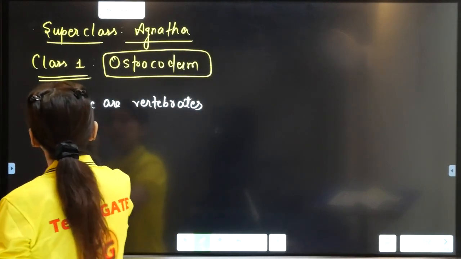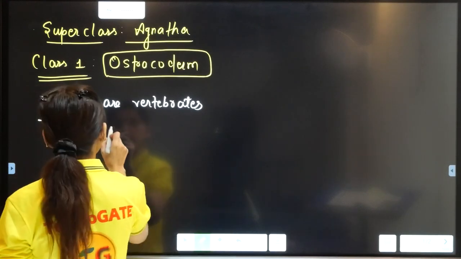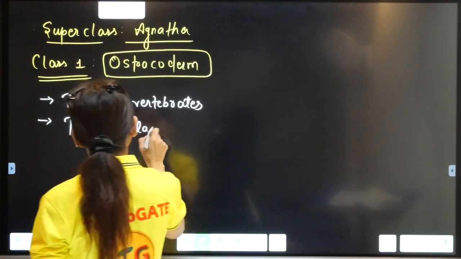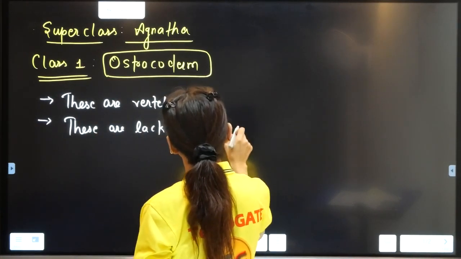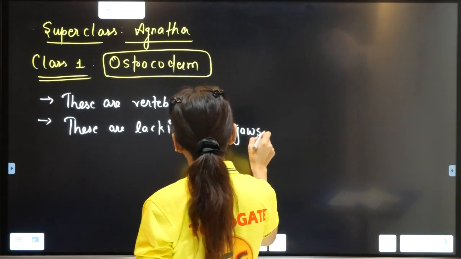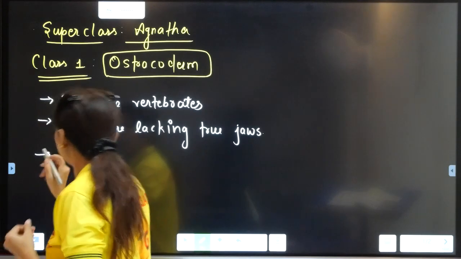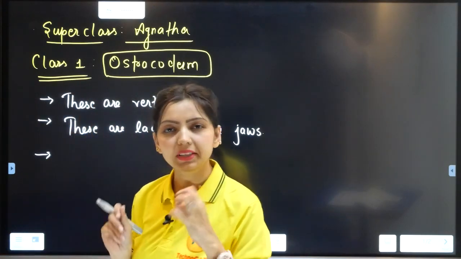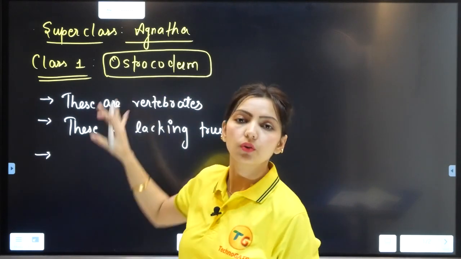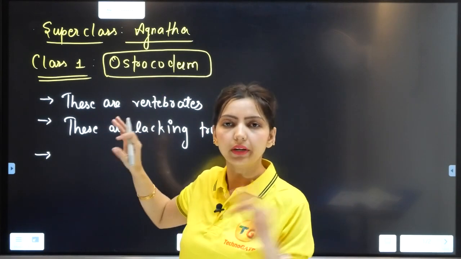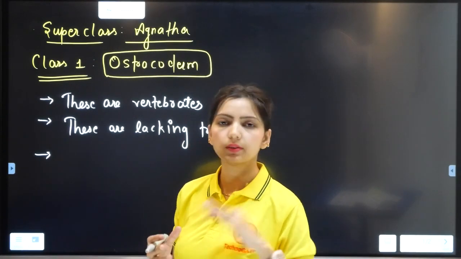Second point, these are lacking true jaw. Is it clear? Now write down the next point. The most important and very interesting and alarming part is that these are extinct organisms. They are no more existing in the universe. They existed at some point of time, but right now they are extinct.